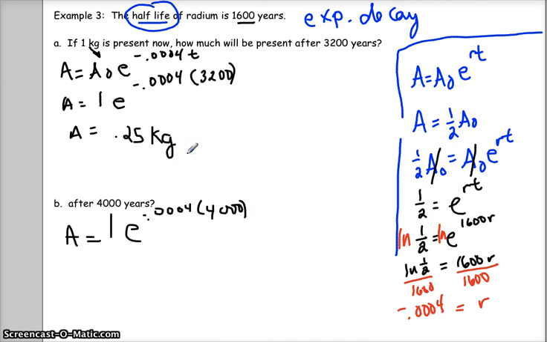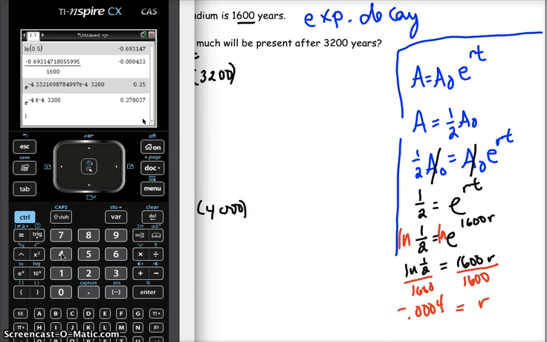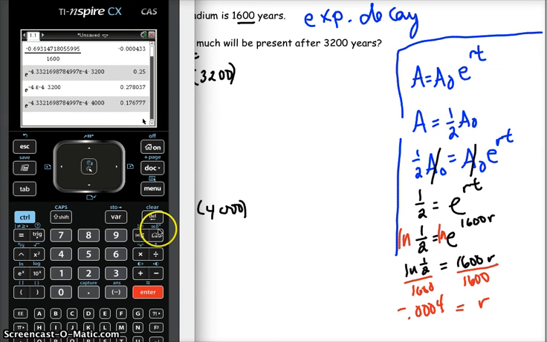And let's see what we get there. Again, I'm going to cut and paste the exact rate, then multiply that exponent times 4,000, and we have 0.177 kilograms remaining.